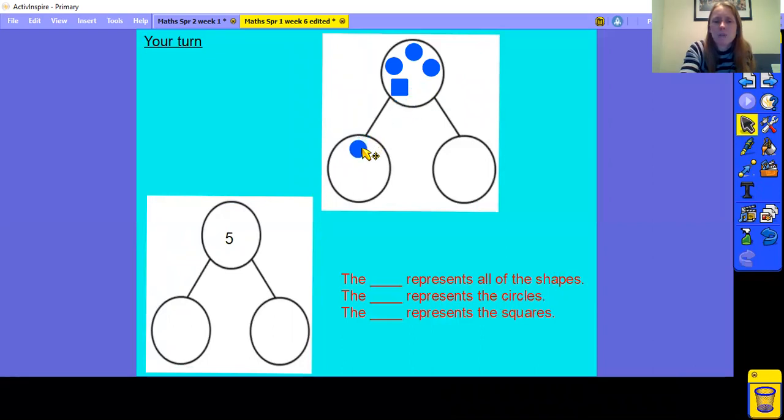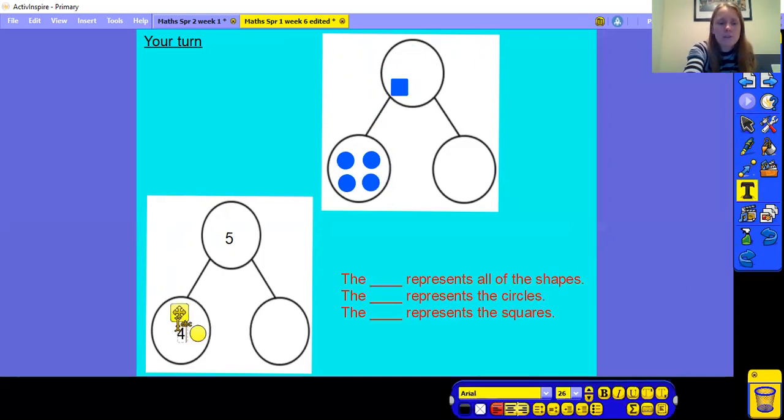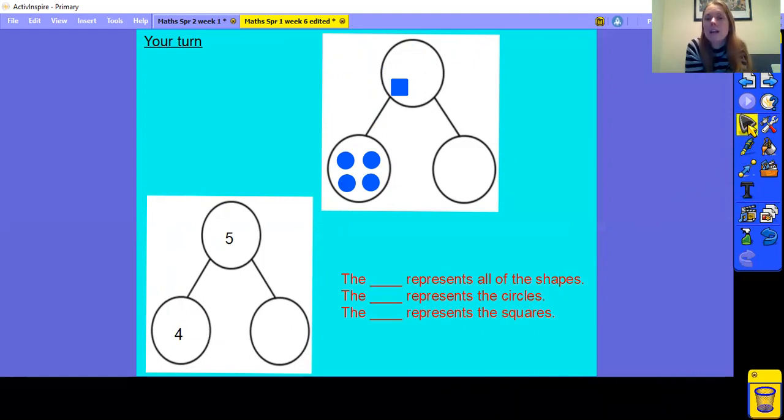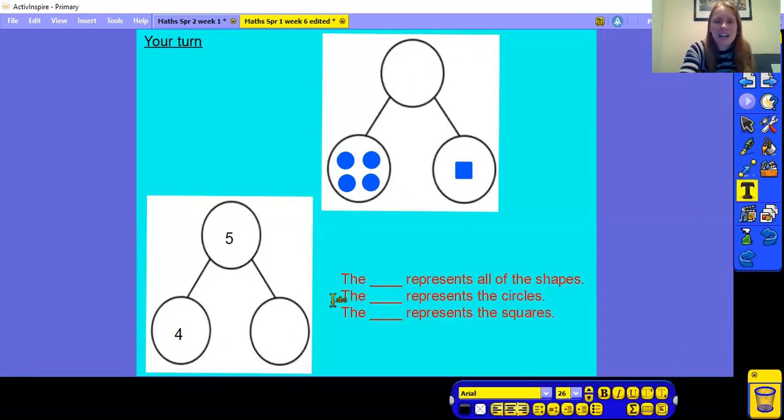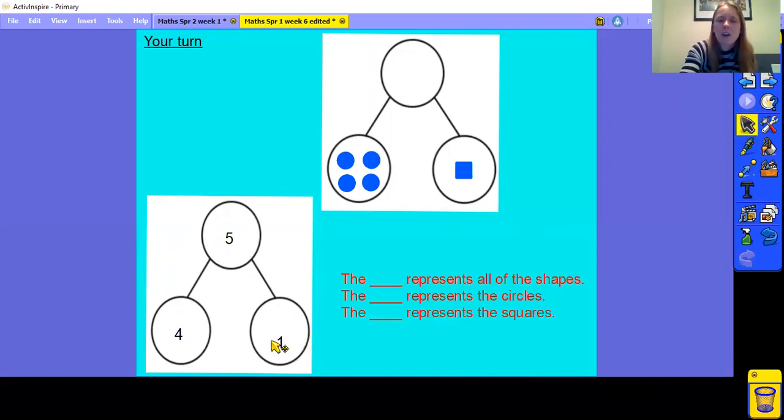Let's move them and count. 1, 2, 3, 4. I have 4 circles. Here's 4 to represent how many circles I have. Now, I need to work out how many squares I have. Let's move it down. How many squares do I have? That's right, I have 1 square. Here's number 1. This one represents the 1 square that we have. Well done if you got that right.